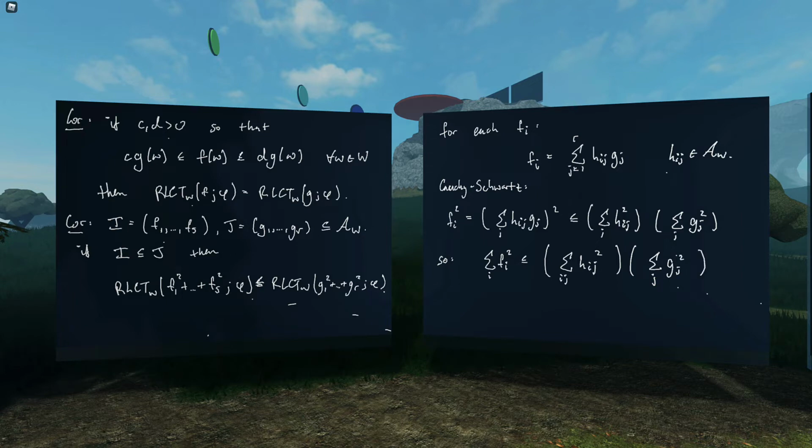Okay, so we've assumed that the parameter space W is compact, so this is bounded. That gives us that the function we're interested in the RLCT of, the sum of the f_i squared, is less than or equal to c times the sum of the g_j squared.